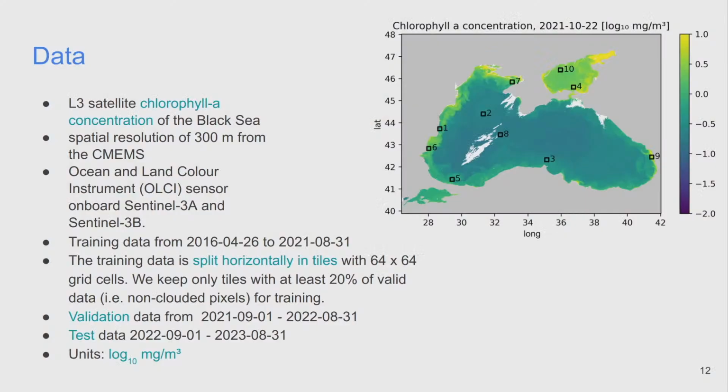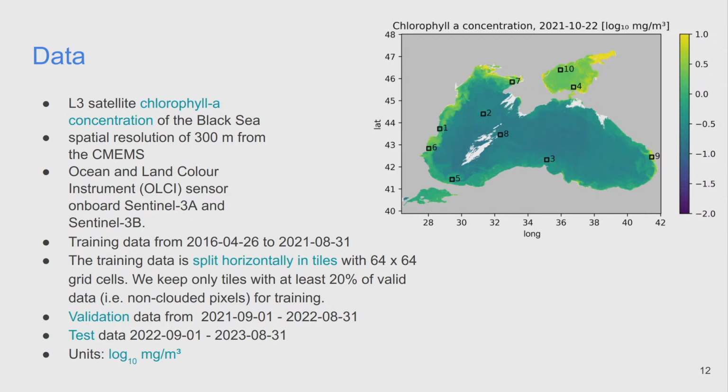Okay, and so we trained this on chlorophyll data of the Black Sea. So we used all the data of the Black Sea and then validated on this area. And this was the first time we worked on this kind of network. So the size of the image is fairly small. So this is just 64 by 64 grid cells.